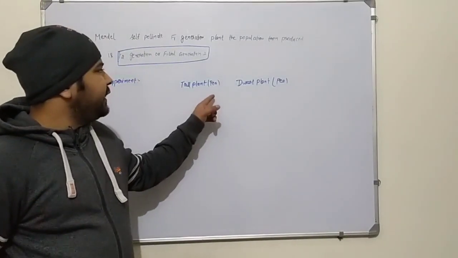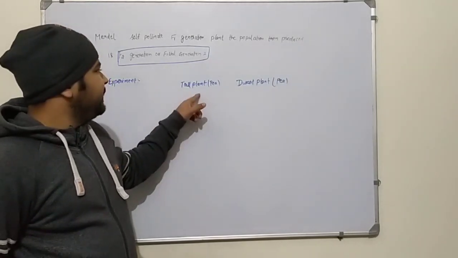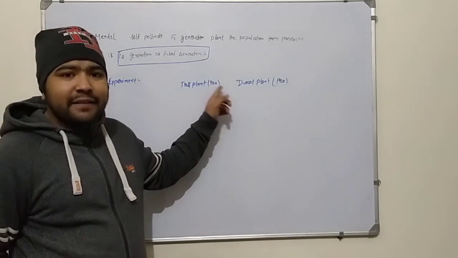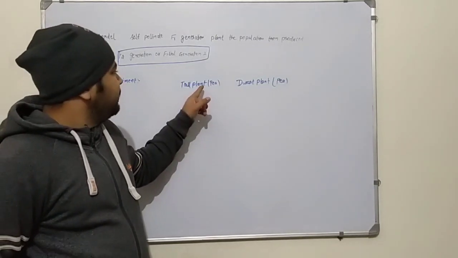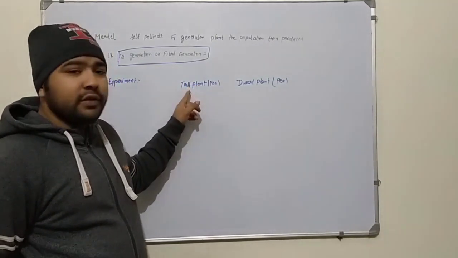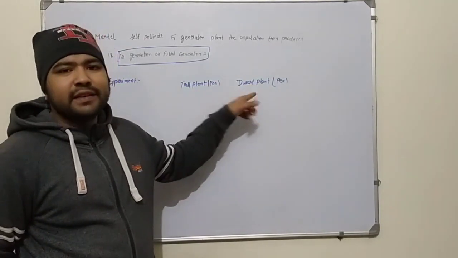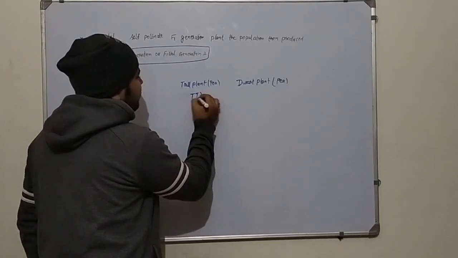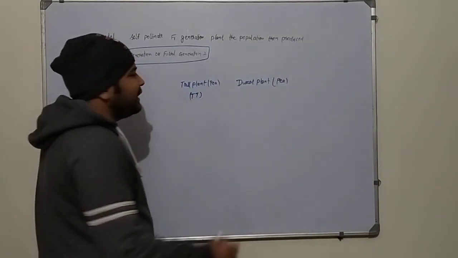These are two alternative forms of pea plant. The first is tall and the second is dwarf. They have a single character. The tall plant has tallness and the dwarf plant has dwarfness. The tall plant is represented by TT and the dwarf plant is represented by small tt.